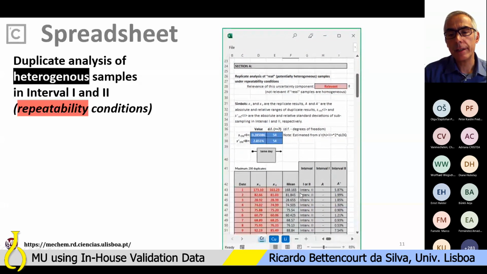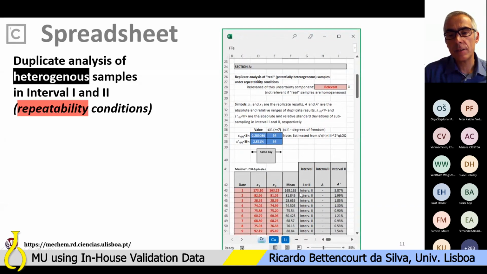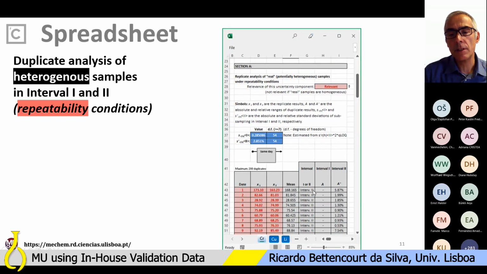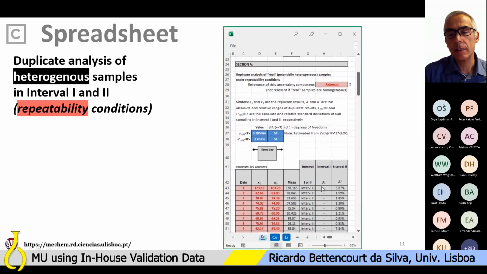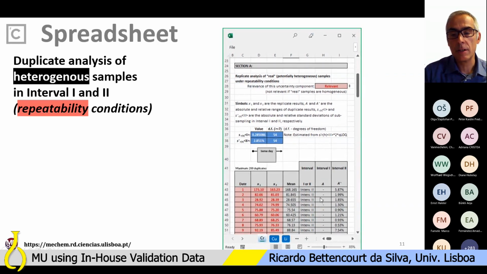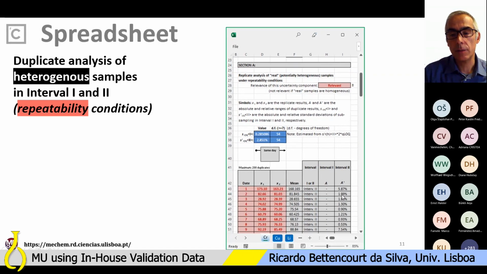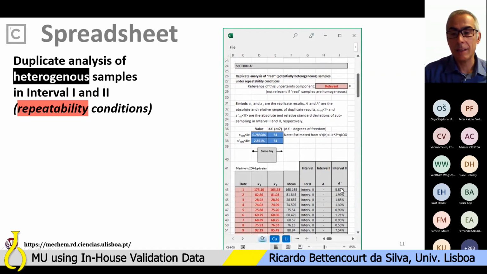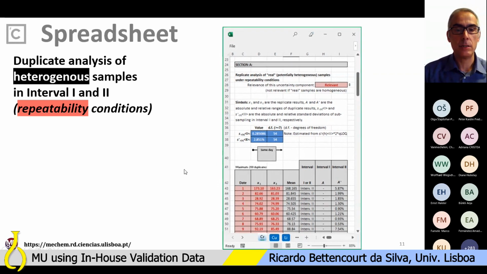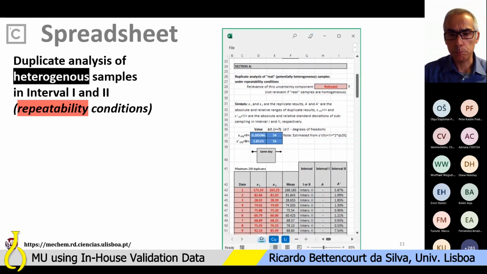And then the software defines for you if you are in interval 1 or 2. If you are in interval 1, it calculates a mean absolute range. If you are in interval 2, it gets the relative range to get the mean relative range for interval 2.